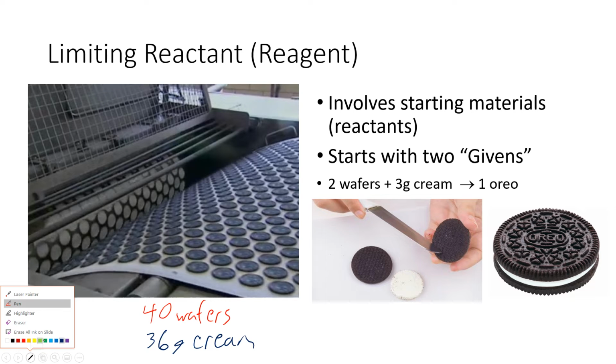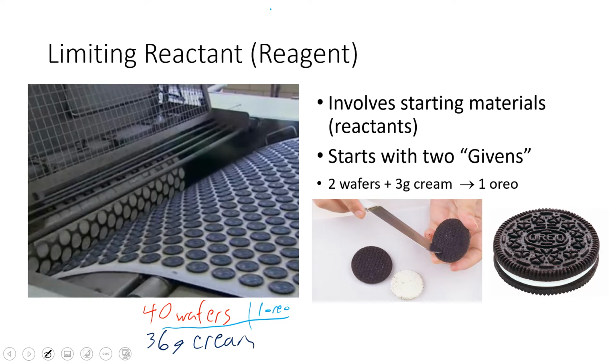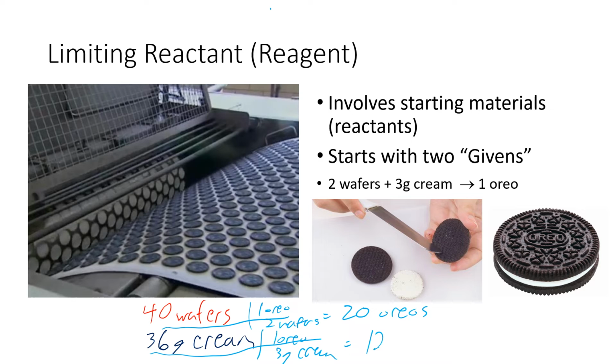Well, the Oreos you can make from 40 wafers, since each Oreo takes 2 wafers, that'll give you 20 Oreos, correct? And with 36 grams of cream, because one Oreo requires 3 grams of cream, that will give you 12 Oreos.